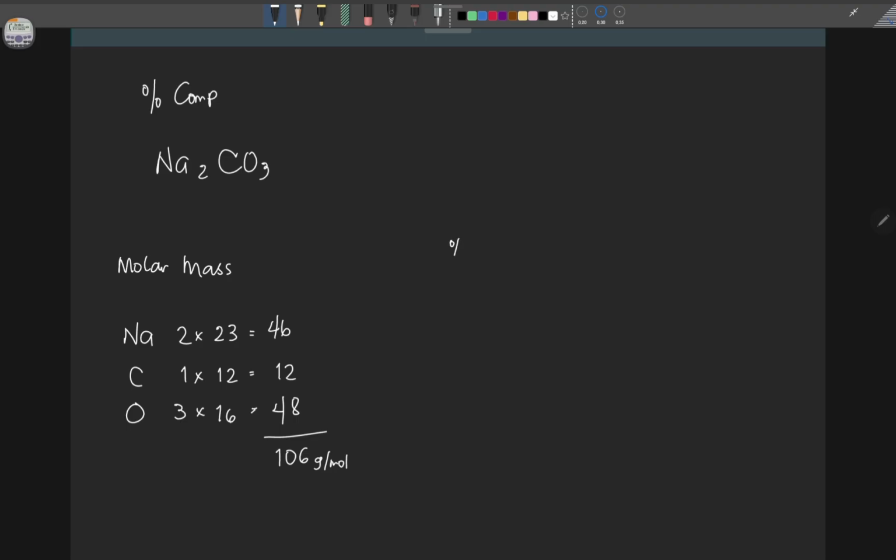Then we find the percent of sodium, percent of carbon, percent of oxygen. That will be 46 over 106, 12 over 106, 48 over the total 106, times 100.